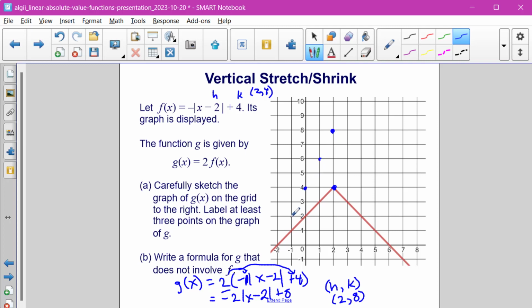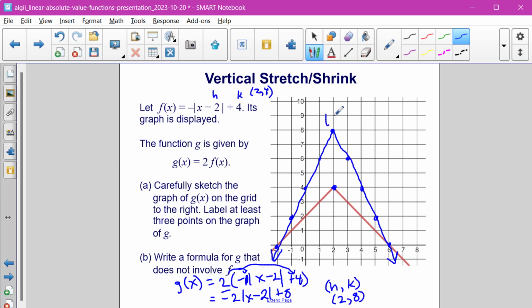So these are going to be following the path of our function, and then we'll have a slope of -2 on this side. So our graph, when we connect all of these points, is going to look like this.